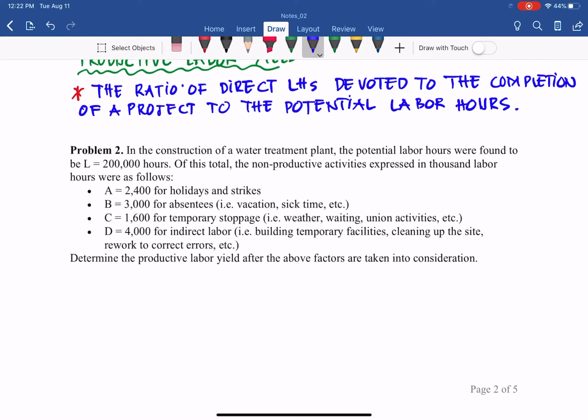From that, it should be a very straightforward application. We need to determine the direct labor hours to make the ratio.